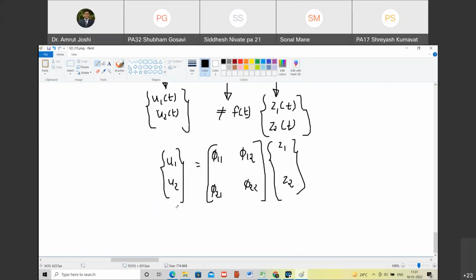Yes, sir. Are you with me? Yeah. Now expand these rows. So how do I write u1 of t? u1 of t will now be equal to phi 11 z1 of t. Are you with me? Yes, sir. Plus phi 12 z2 of t. Agreed?